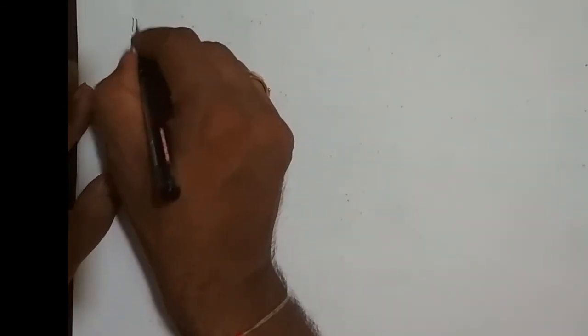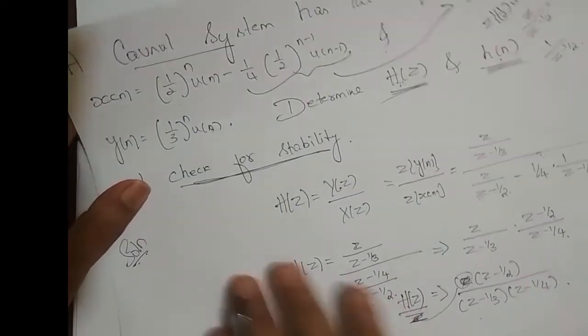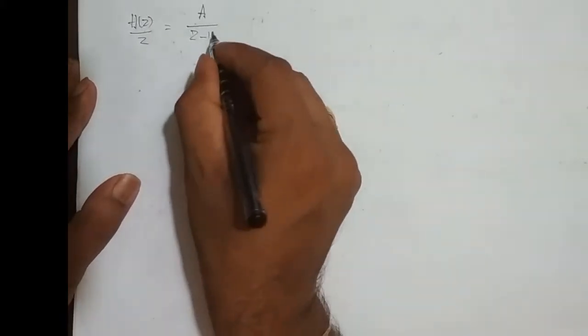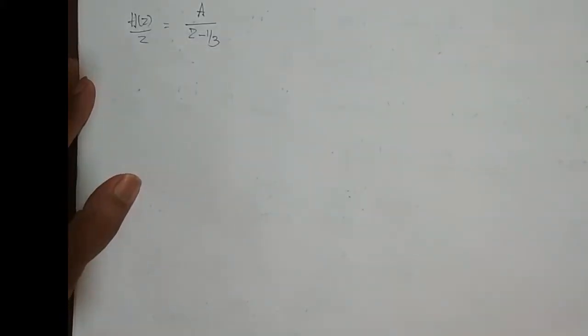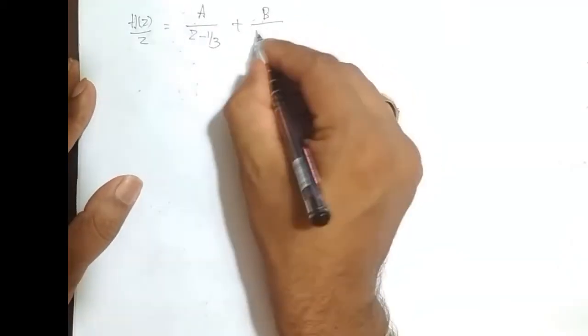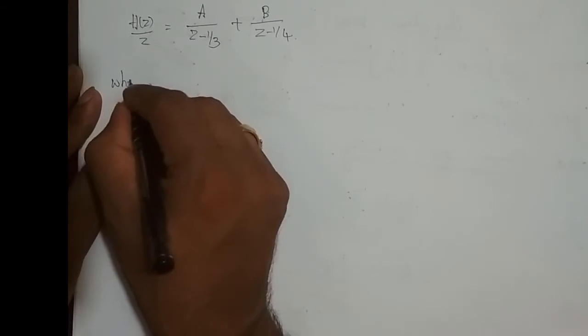So what do we have? H of z by z is equal to A divided by z minus 1/3 plus B divided by z minus 1/4. What is the formula to find A?